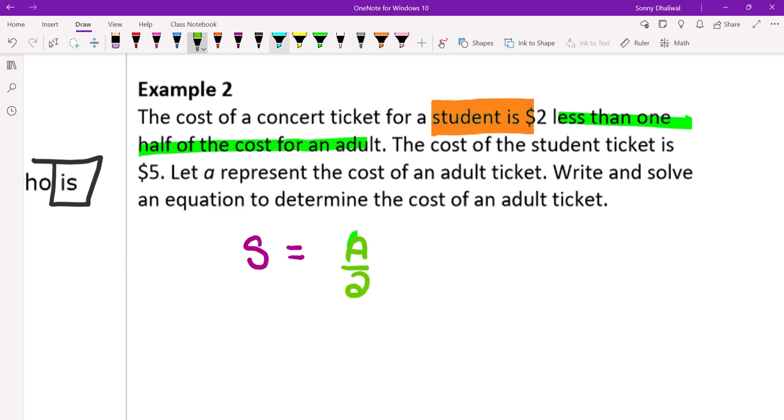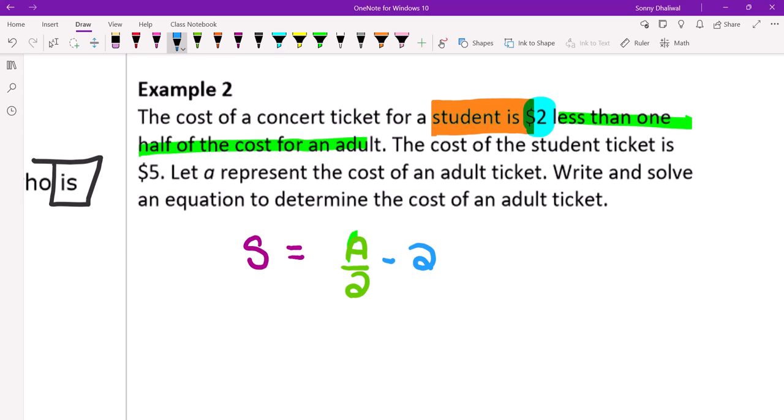Then it also says it's 2 less. Is that adding 2, subtracting 2, multiplying, or dividing? Less means subtracting. Okay, so that's our equation so far.